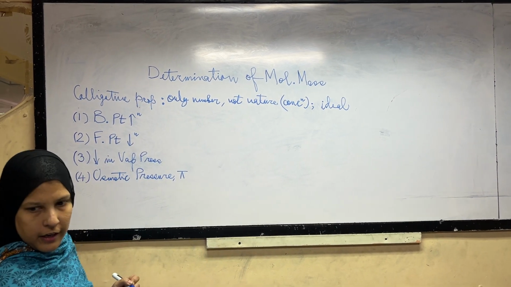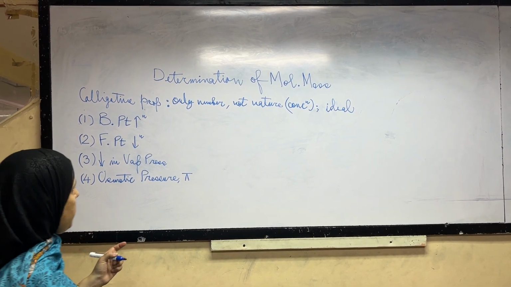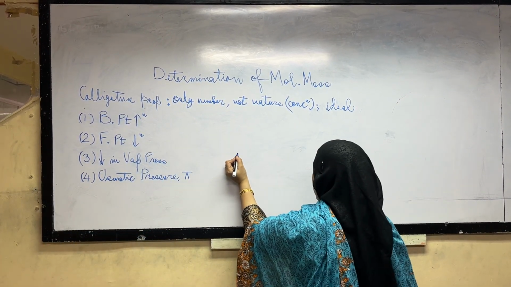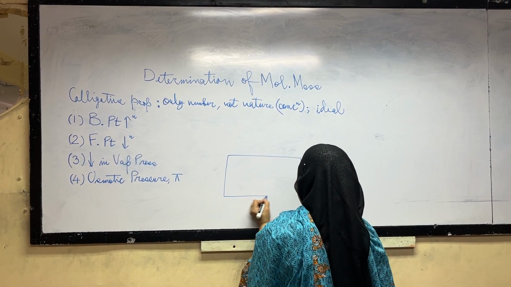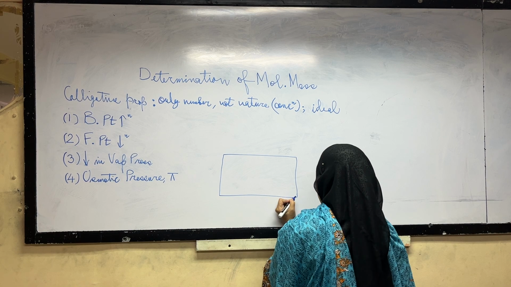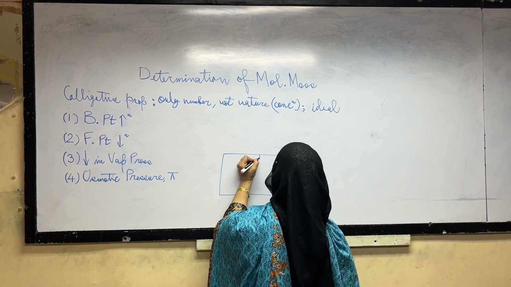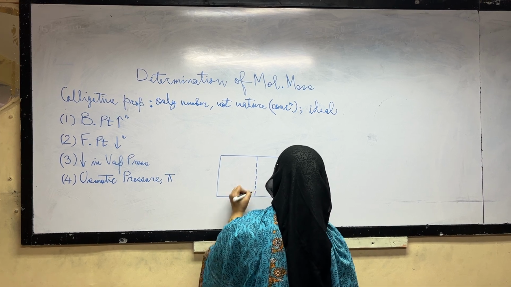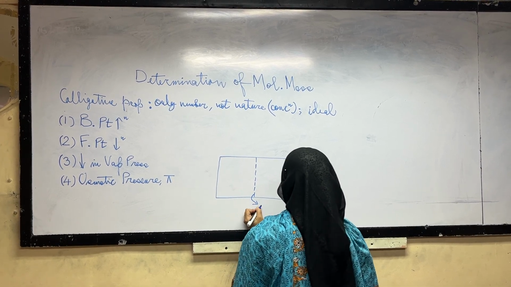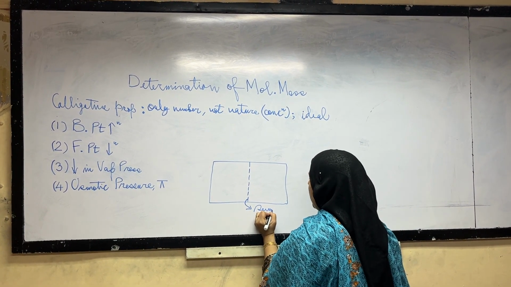So we'll be speaking a little more about osmotic pressure. Consider a vessel like this, which is divided into two compartments by a semi-permeable membrane.